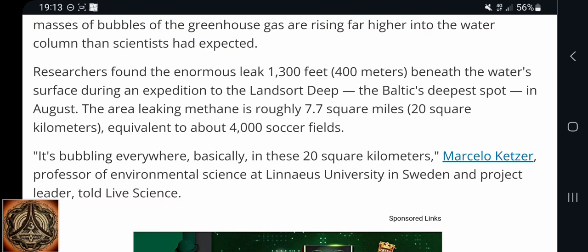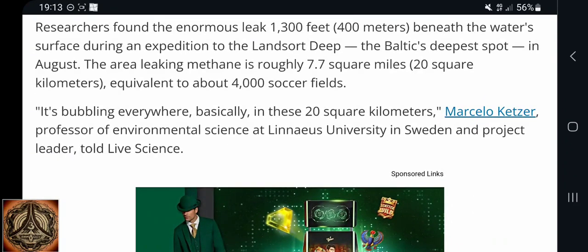The area leaking methane is roughly 7.7 square miles, 20 square kilometers, equivalent to 4,000 soccer fields. It's bubbling everywhere, basically, in these 20 square kilometers.